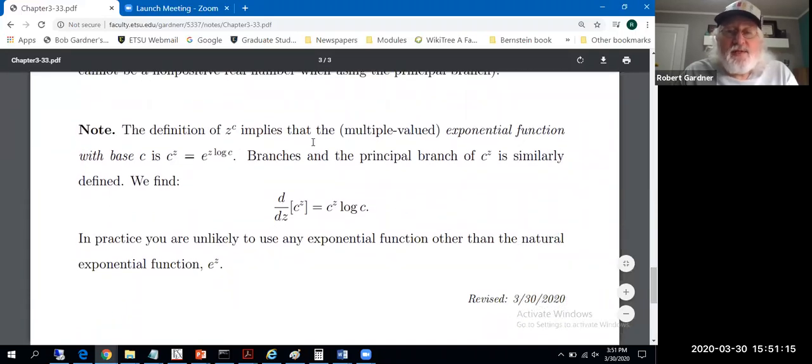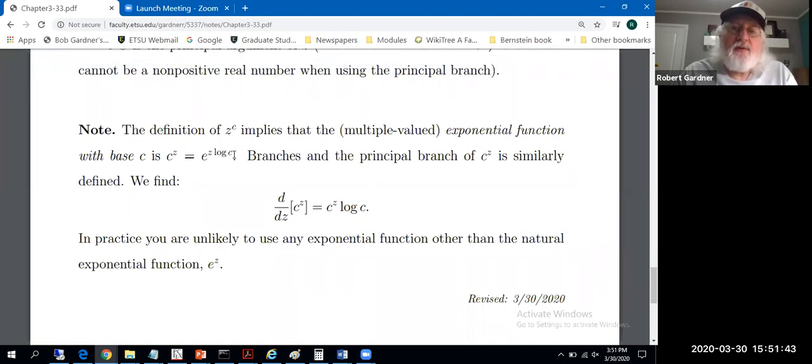The definition of z to the c initially gives us this multiple valued exponential function with base c. So we could go through and define c to the z. Notice we've moved things around from z to the c to c to the z as e to the, we've got the exponent here and we've got the base inside of the multiple valued log function.